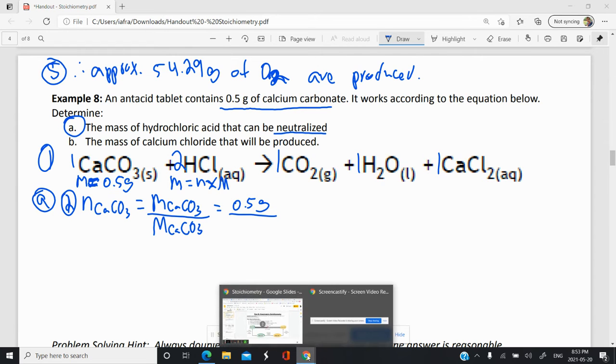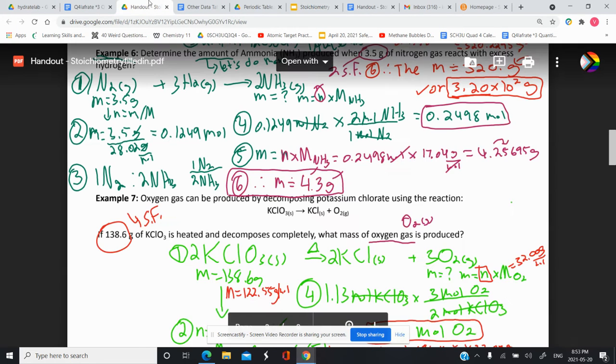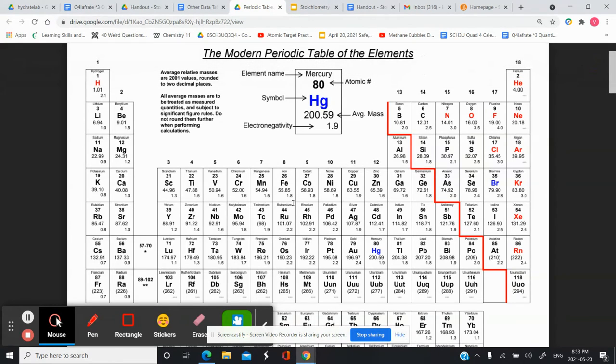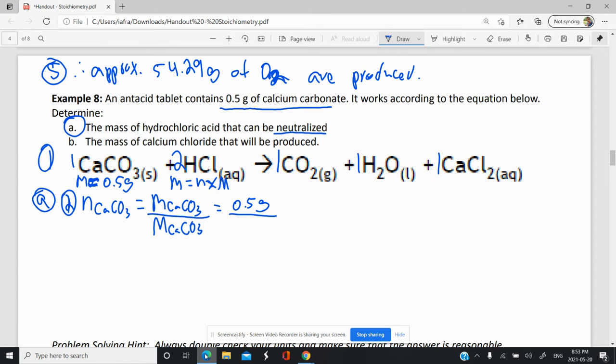So let's go to our periodic table over here. Calcium carbonate has 1 calcium, so 40.08 plus 12.01 for the 1 carbon. And then there's 3 oxygens, so plus 48. And we get 100.09 grams per mole.